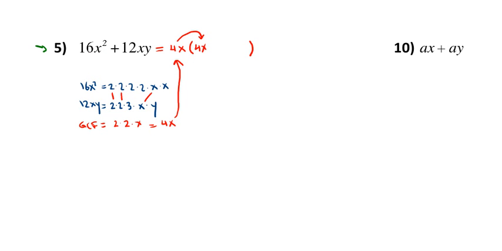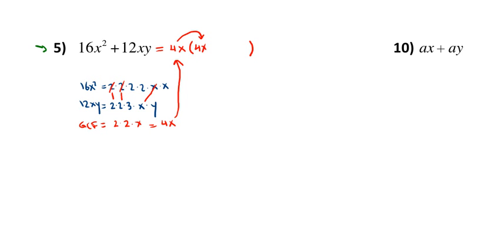Or you could say, what do I have left from 16x squared when I take out 4x from there? So I take out 4 and 1x. I'm left with another 2 times 2, 4, and another x.